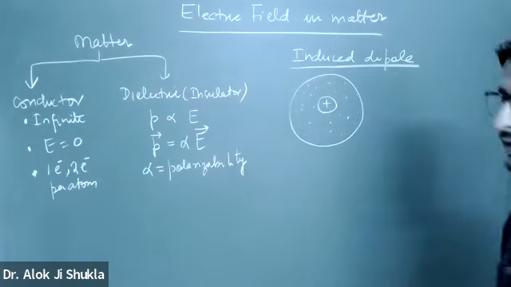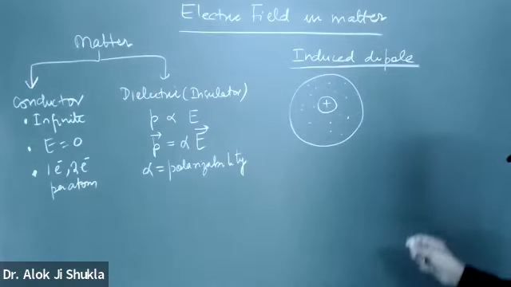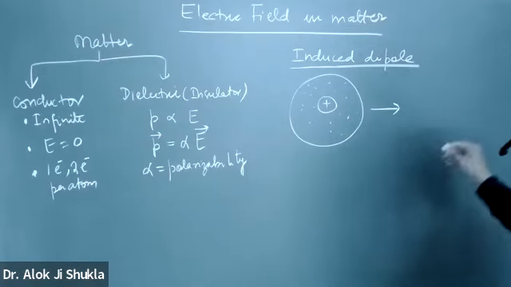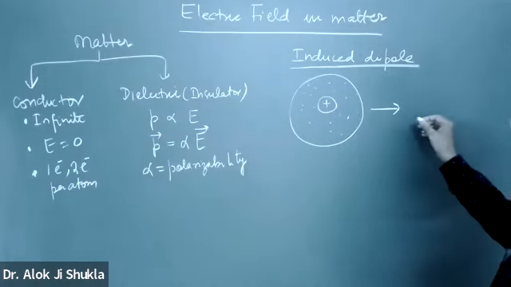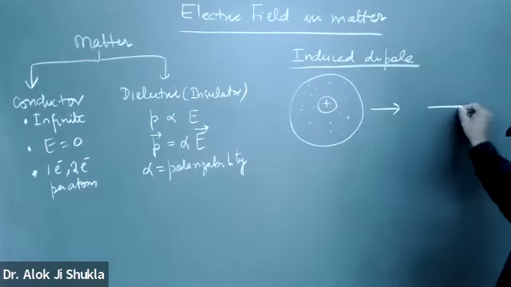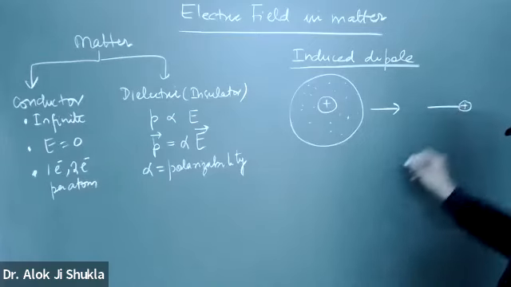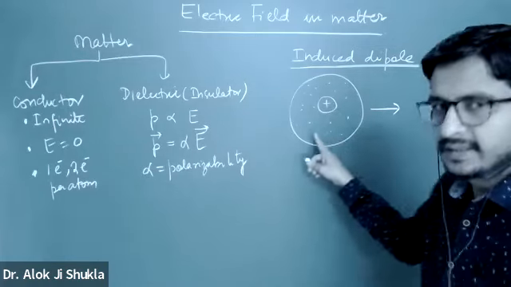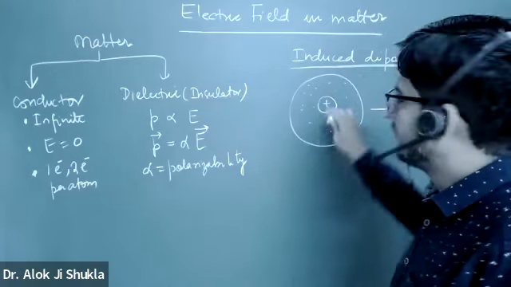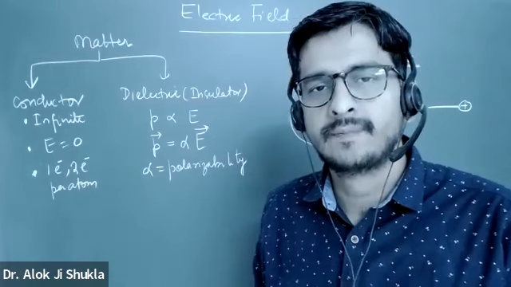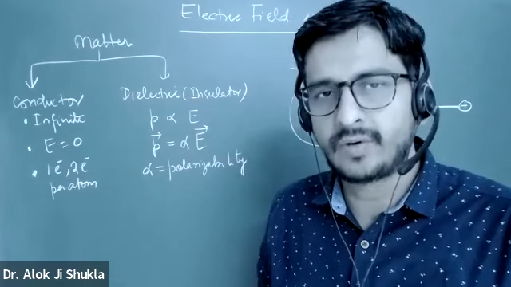So overall atom is neutral. But when we put this in electric field, what will happen? This will get distorted. Here the center of negative charge is at the center of positive charge. So overall, you can see electrical neutrality.